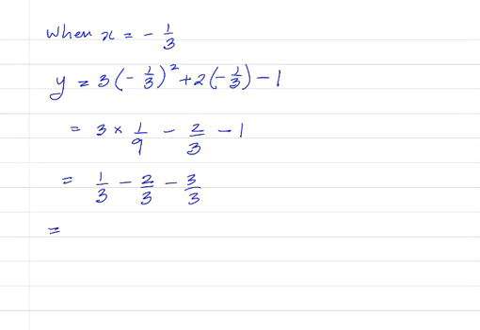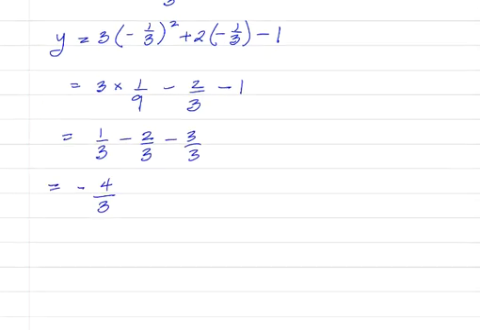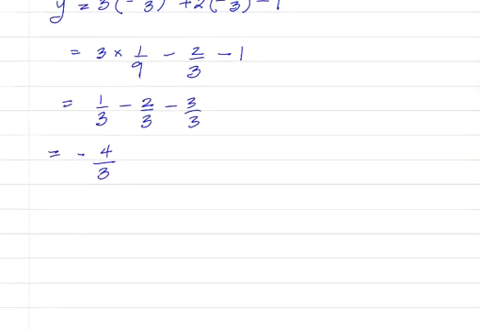This is going to be minus 4 over 3. So x being minus 1/3 and y being minus 4 over 3 is the turning point.